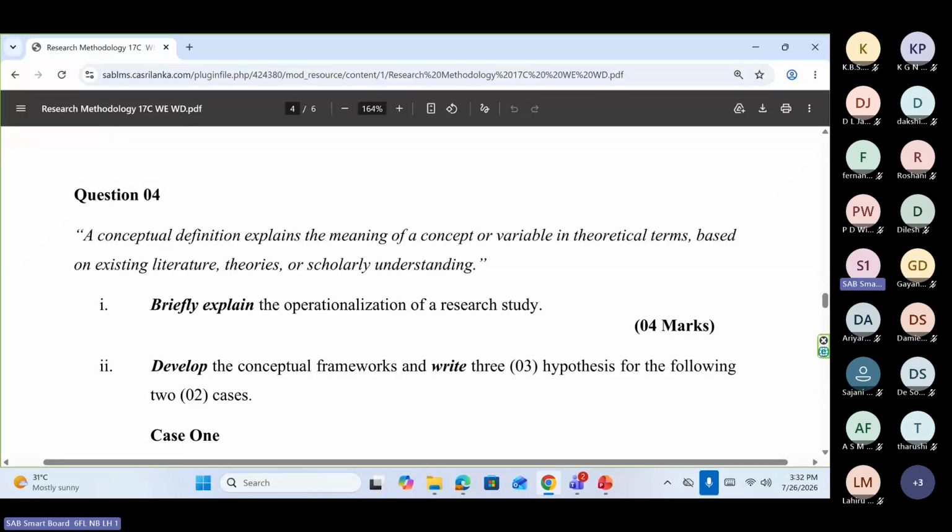Next point: operationalization can be presented as a table.